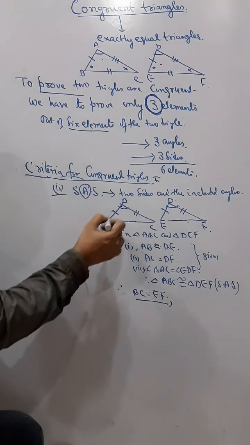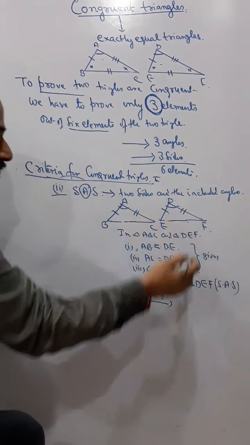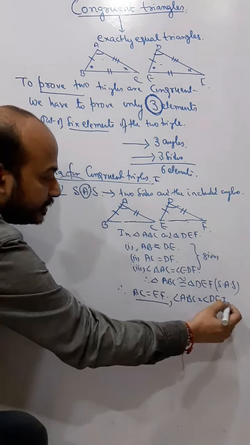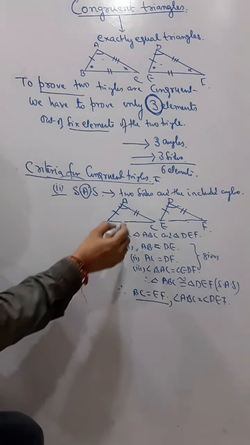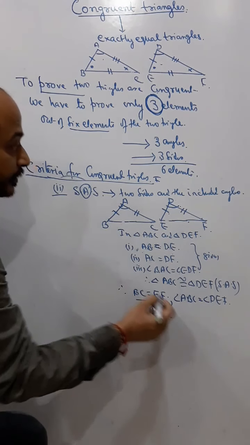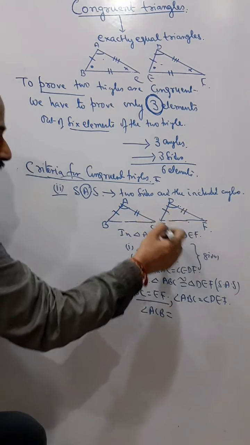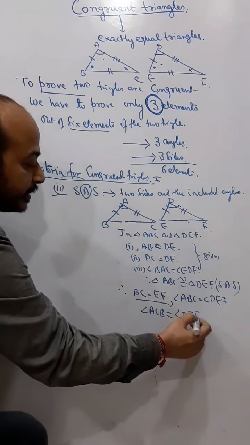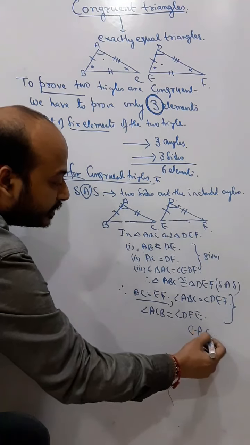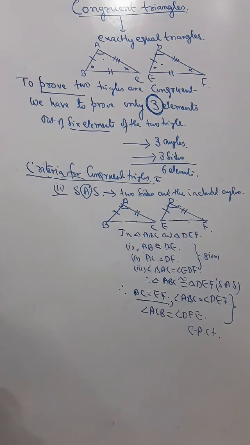We can also say angle ABC equals angle DEF, and similarly angle ACB is equal to angle DFE. All these are due to CPCT. So this is the second criteria, SAS.